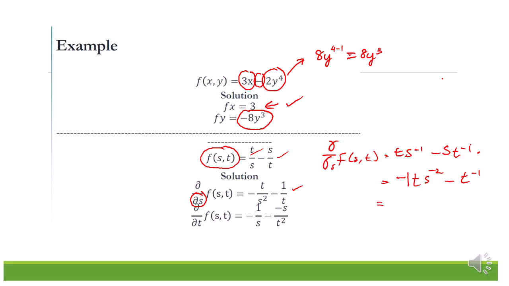If we rewrite this, it should be negative t over s squared, and minus 1 over t. For the second one, this is with respect to t, so we differentiate all of those with respect to t. So this will be the answer.